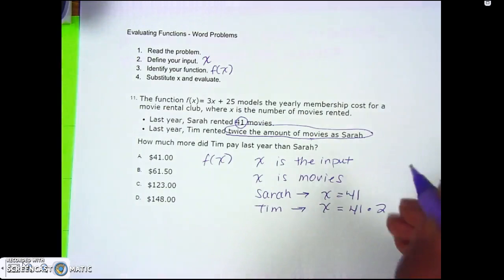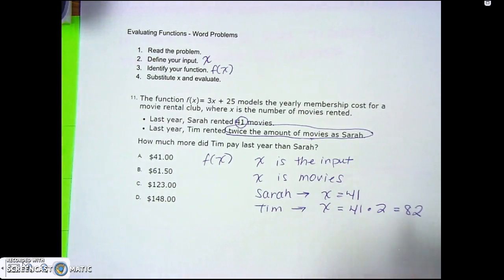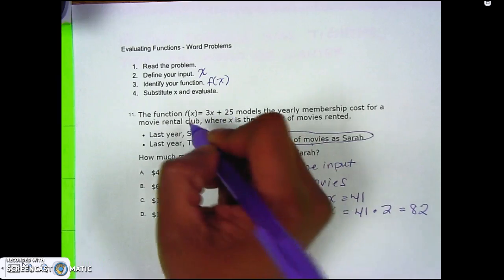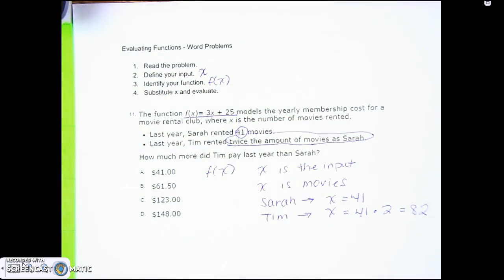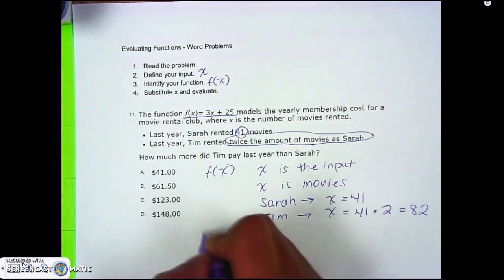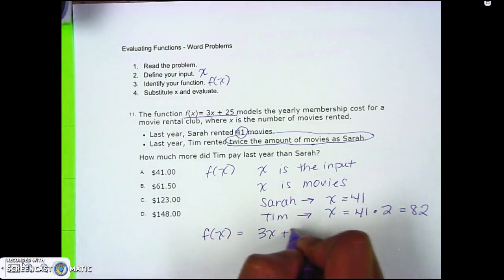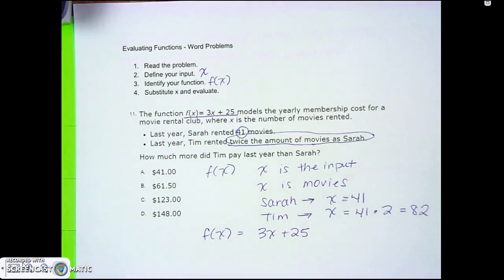So 41 times 2 is 82. Now we need to go to the next step, which is identify our function. So our function is f of x equals 3x plus 25.